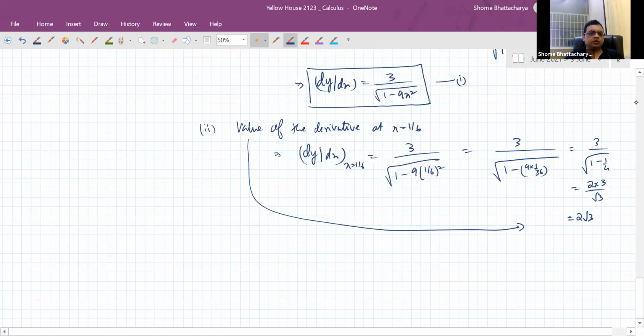Okay, so next we will move on into some more applications of differentiation, but in terms of analysis of function.